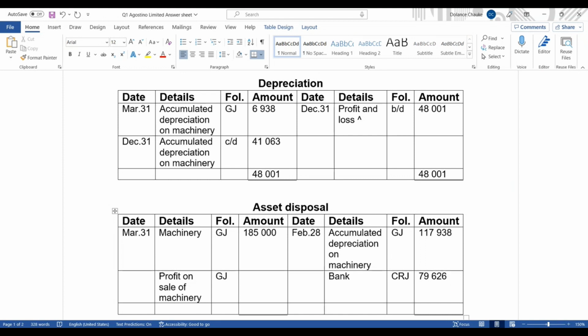If the credit side is bigger than the debit side under the asset disposal, therefore you have profit. Then how much profit do you have? Firstly, let's calculate the total. The bigger side is the credit side. Let's calculate the total for that. I get 197.